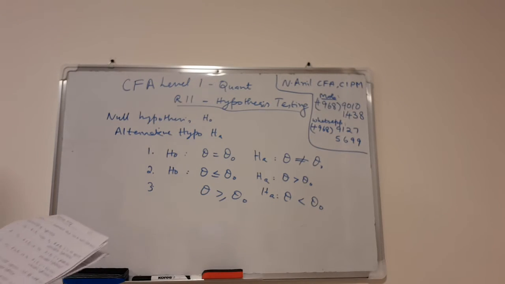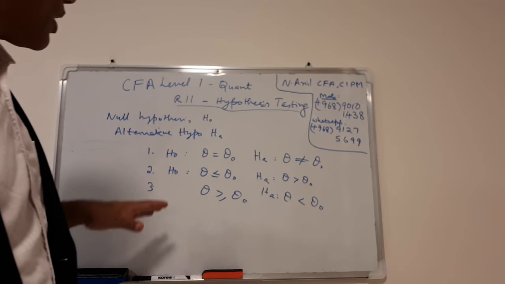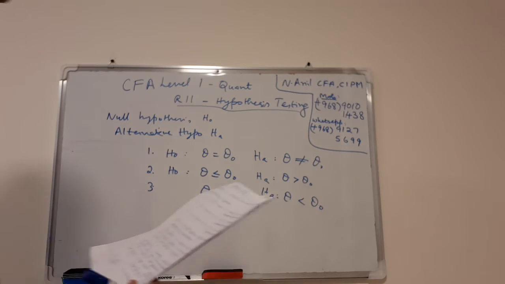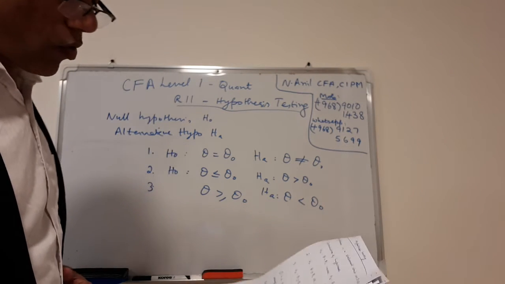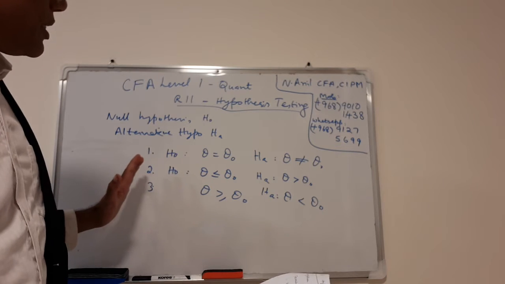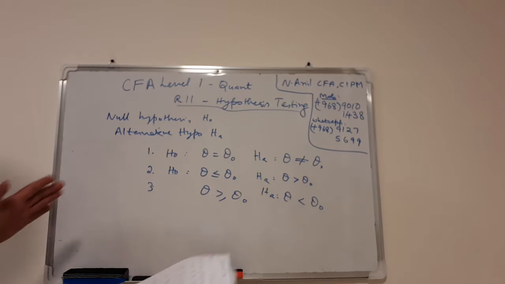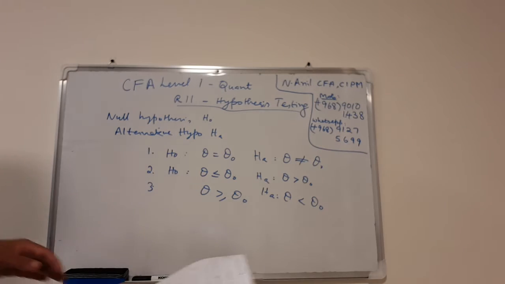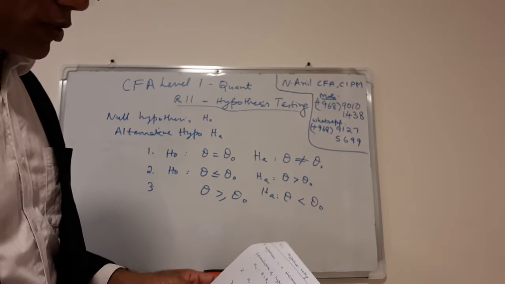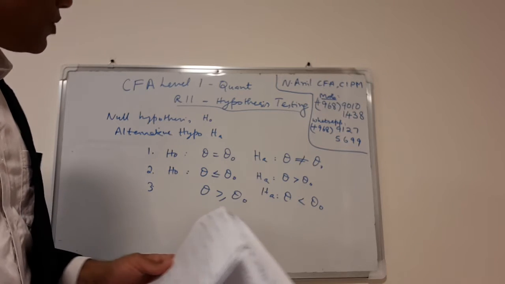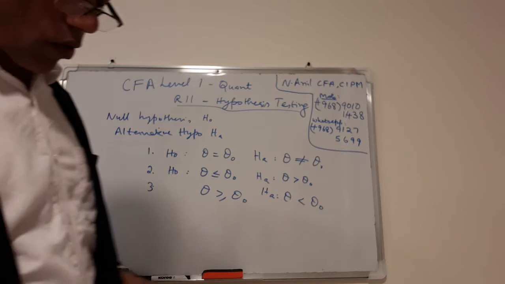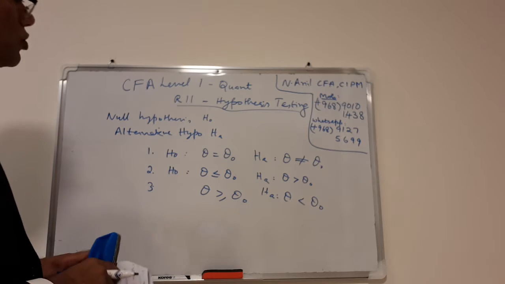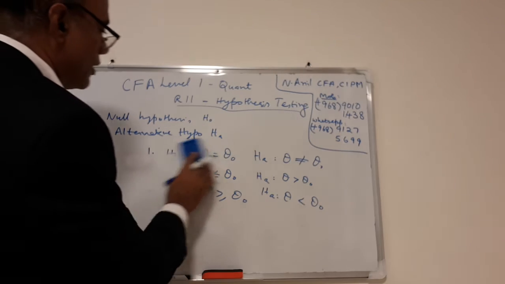Now, how do we come to a conclusion whether to accept the null hypothesis or reject it? First we need to know what a test statistic is. We need to compute a test statistic for a sample, and then this has to be compared to a critical point or a rejection point. Based on that, in a distribution we will come to whether to accept or reject the null hypothesis.